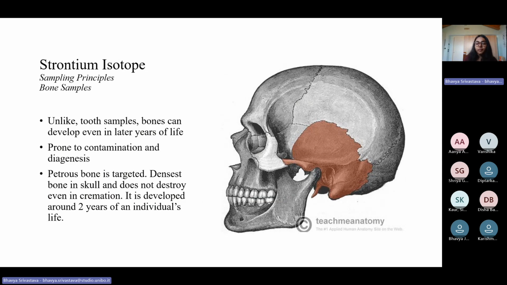However, in case of bones, this is a bit different. Bones form throughout the age an organism lives. So the strontium isotope present in the bones is of the later age of a person's life. So let's say currently I'm in Italy, and I'll be staying here for at least 2 years or maybe more.